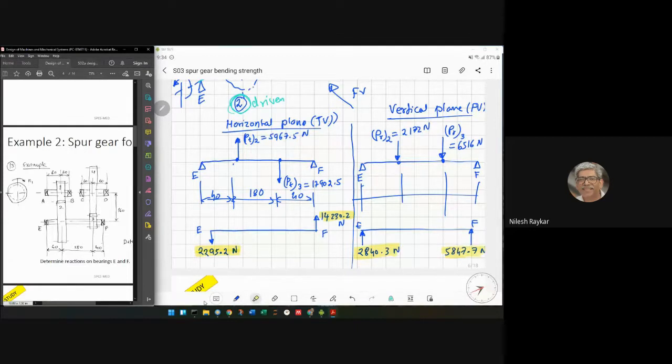So that is in the vertical plane. So the total reaction will be the vector sum of these two components and these two components.